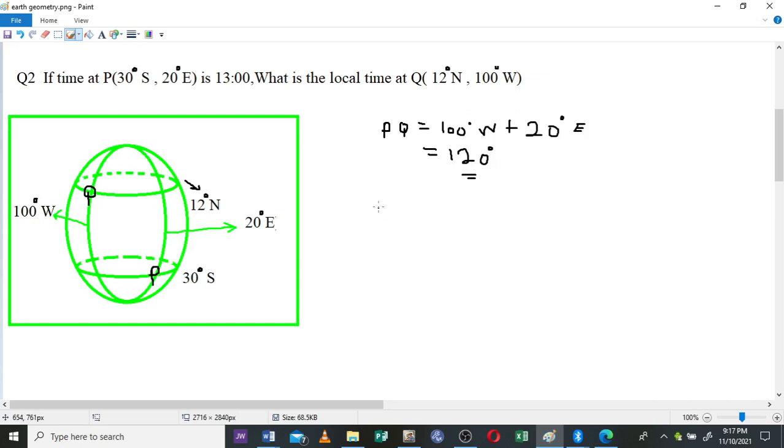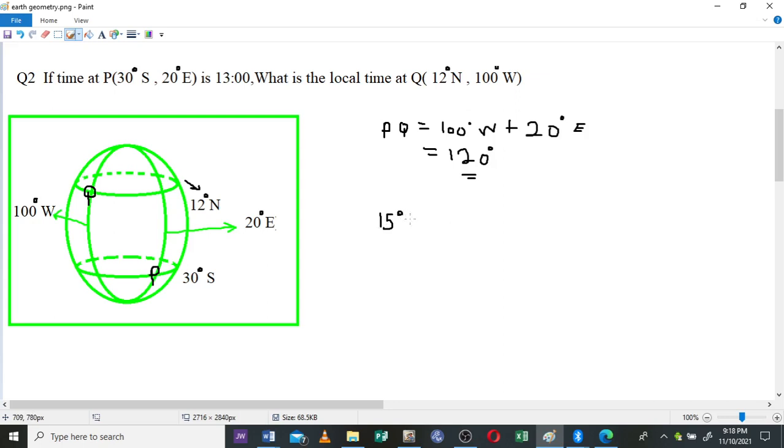Now, we know that the Earth rotates at 15 degrees per hour, right? Again, if you want more explanation on that one, you can request for it. I'll be able to explain to you how that comes about. So we have 15 degrees.